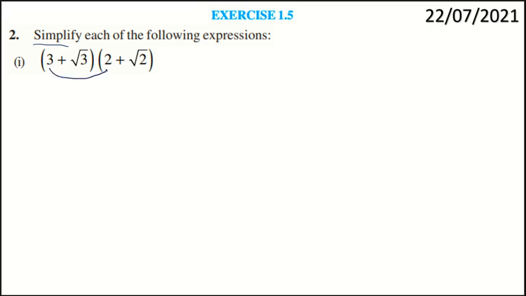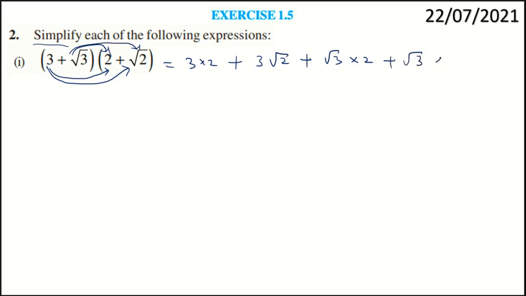Now 3 into 2 plus 3 into root 2 plus root 3 into 2 plus root 3 into root 2.